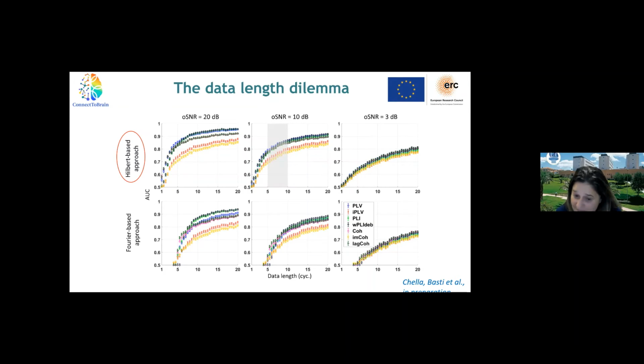But in this simulation, we simulated the ideal situation in which the connectivity between the two regions is always on. It's not changing with time, it's always up, and we only have this window through which to look at this connectivity state.